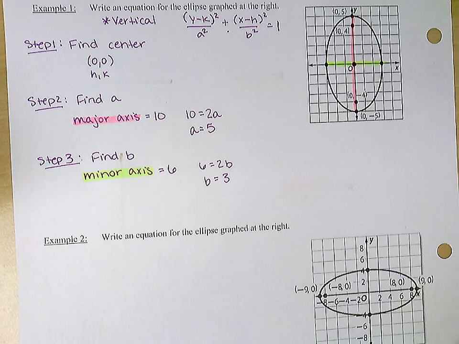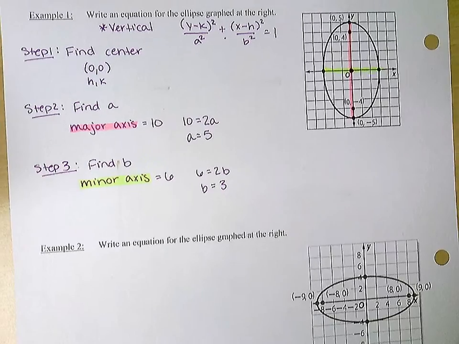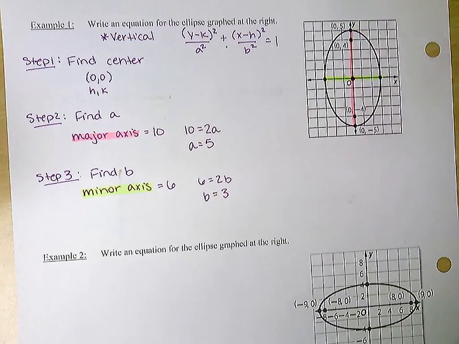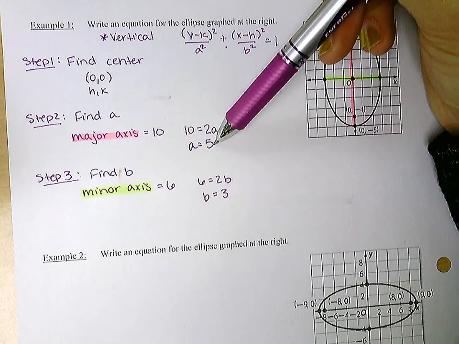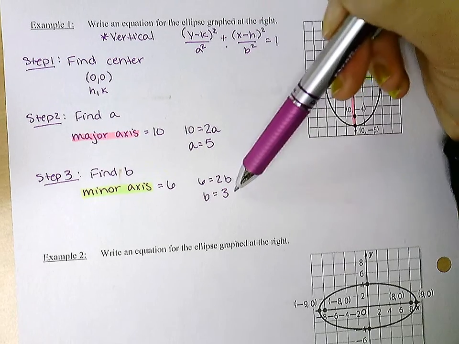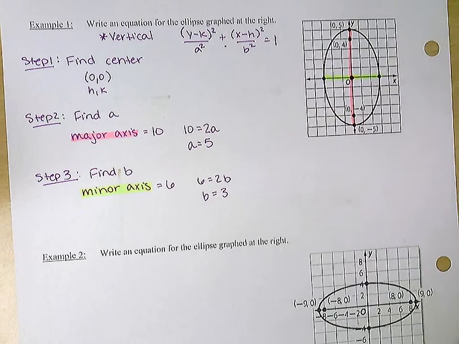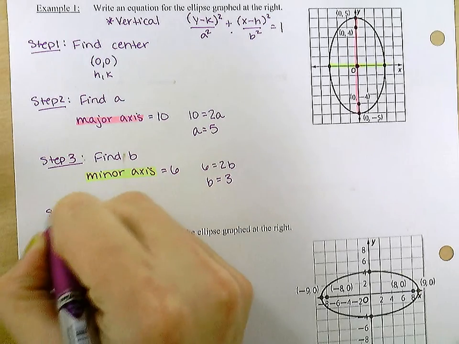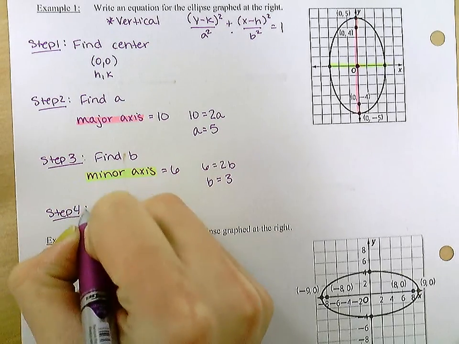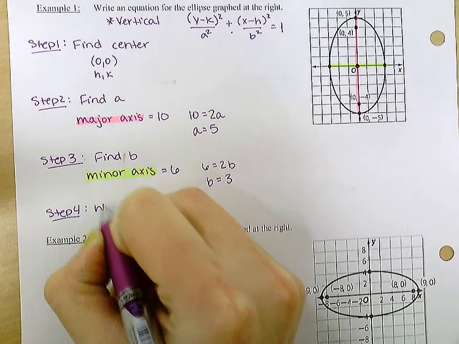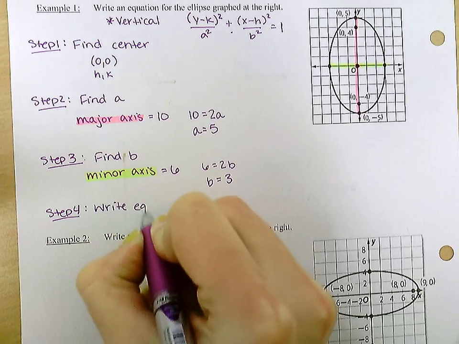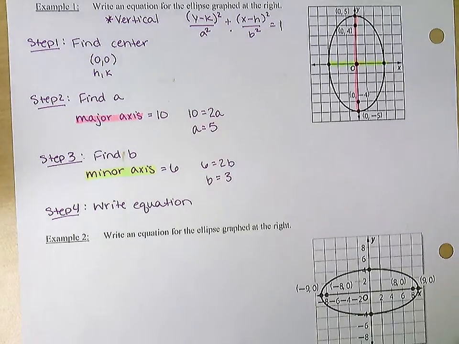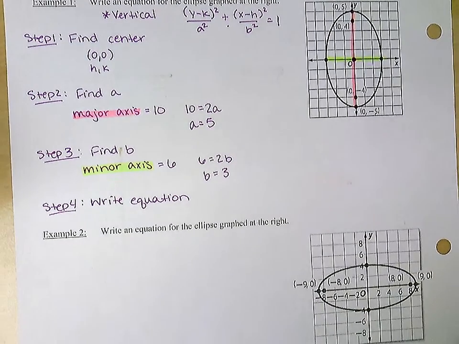So now in my equation, if I look back up at the top here, I have h and k from the center, I have a from the major axis, and I have b from the minor axis. So my last step is just to write out the equation of this ellipse. Step 4 is to write the equation.